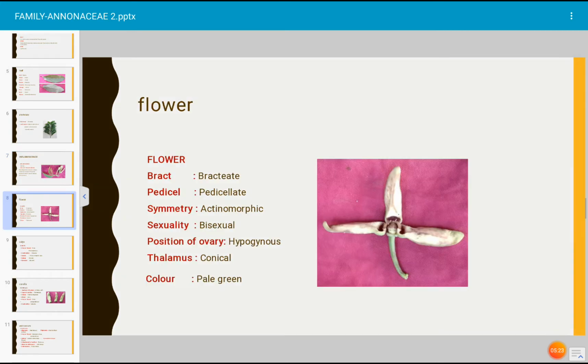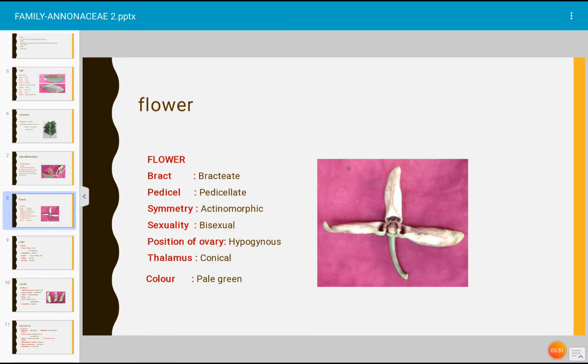Next, this is the flower of Annona squamosa, which is commonly known as custard apple. In Hindi it is called sitafal, and the flower is trimerous. Three petals are present, hence it is trimerous. And at the base of the flower, a bract is present.